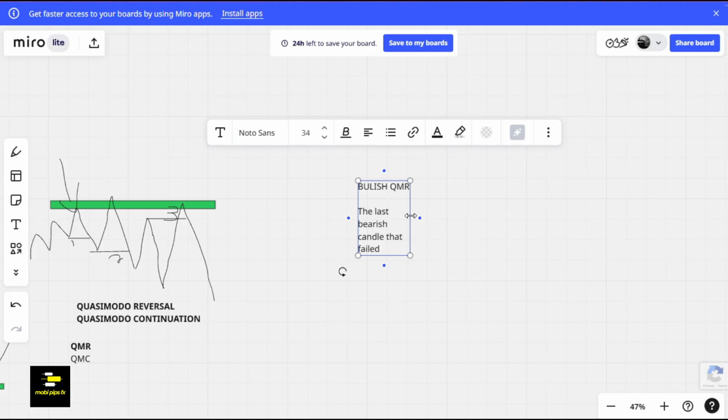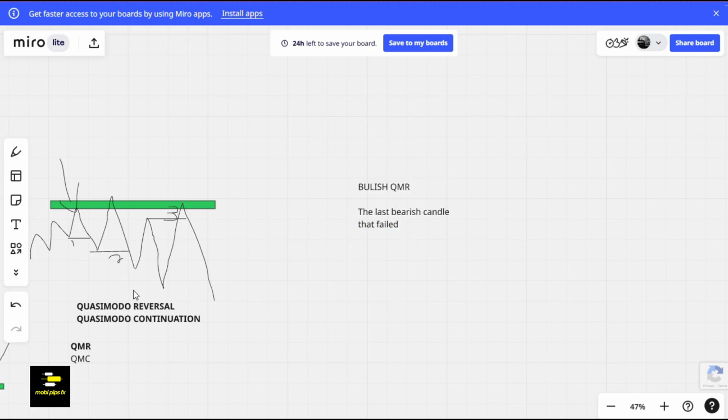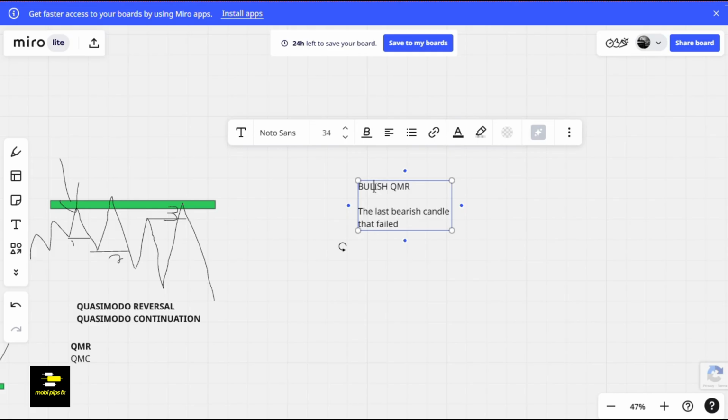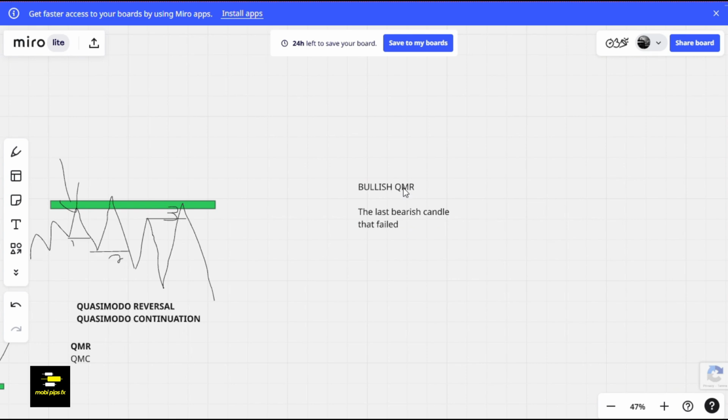We'll draw it here. That's the bullish QMR.